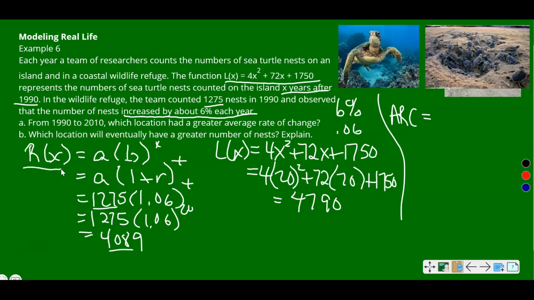For R of x, we had 4,089 minus, and remember, initially the first year there was 1275. And then we started with 1990 and went to 2010. So if we subtract 1990 from 2010, that's just 20 years.